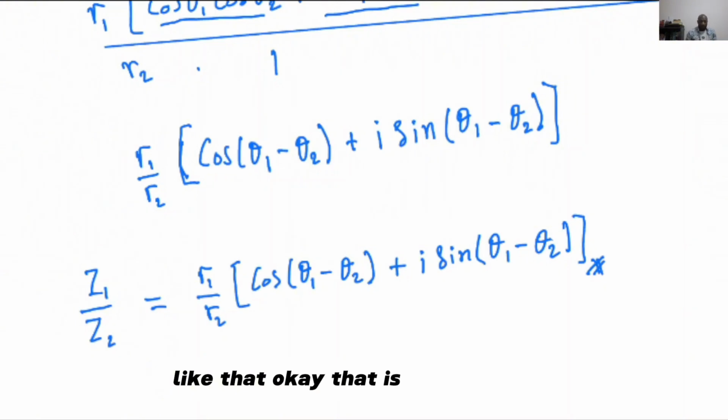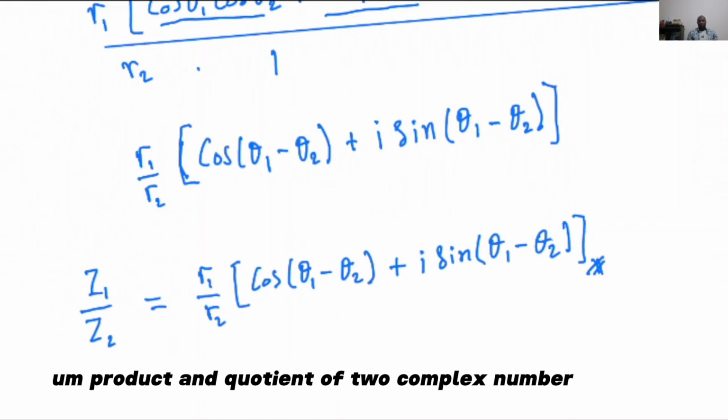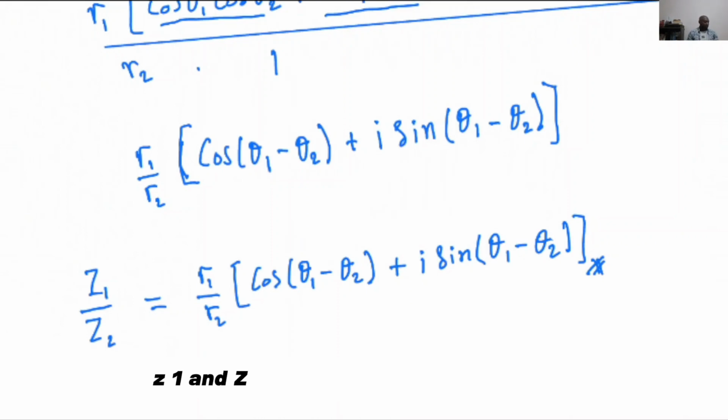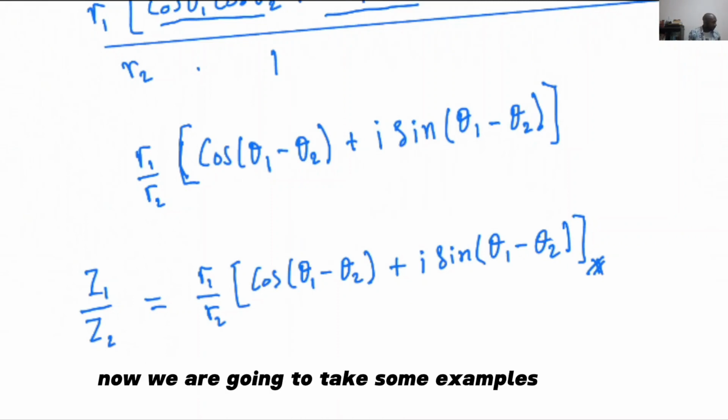Okay, that is it for product and quotient of two complex numbers, z1 and z2, in their polar forms. Now, we are going to take some examples.